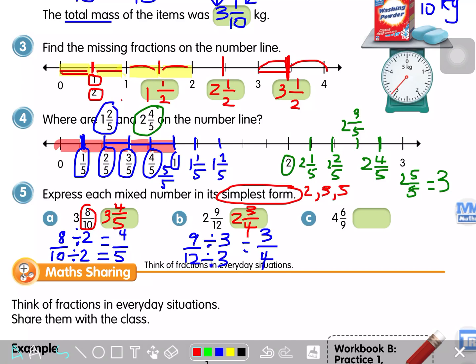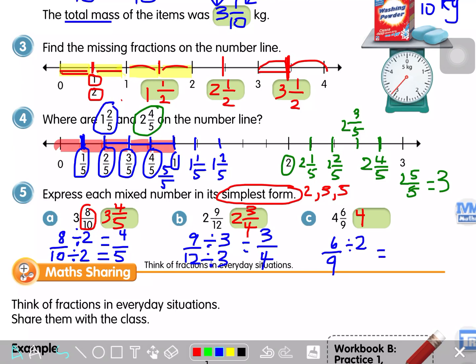Okay. Alright. Our next and last question. Question C. We have 4 and 6/9. Now 4, we'll keep the whole number 4. Now we're going to divide our fraction 6/9. Okay. So 6/9. 6, can it be divided by 2?